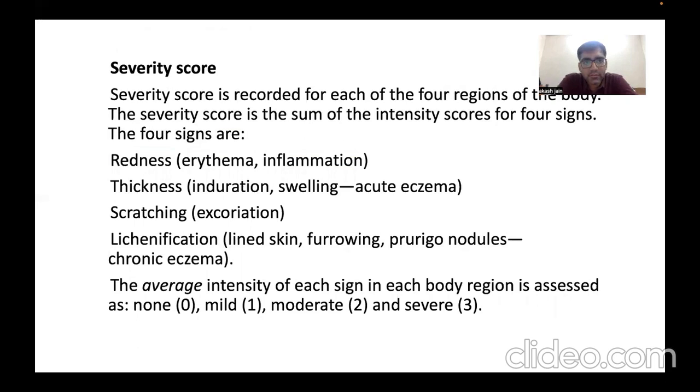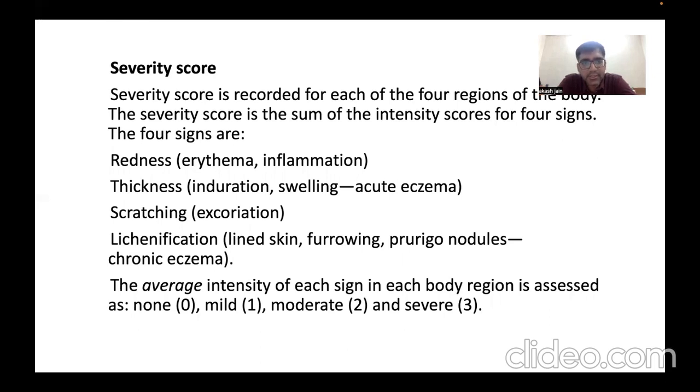The severity score is recorded for each of the 4 regions, and it is the sum of the intensity scores for 4 signs. The 4 signs are redness, that is erythema, inflammation; thickness, induration, swelling in case of acute eczema; scratching or excoriations; and the 4th is lichenification, that is lined skin, furrowing, prurigo nodules, suggestive of chronic eczema.